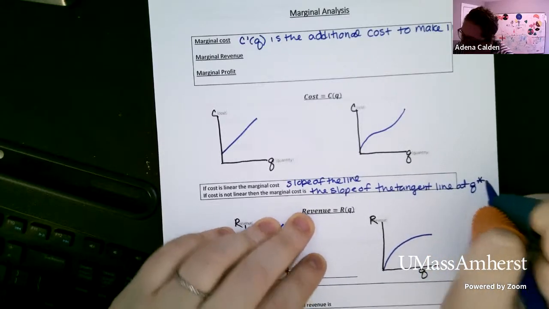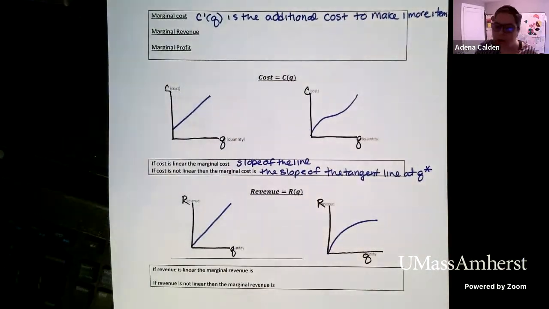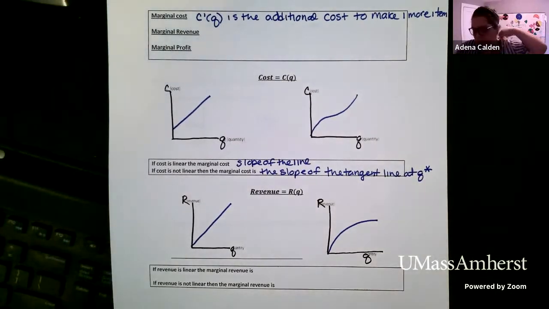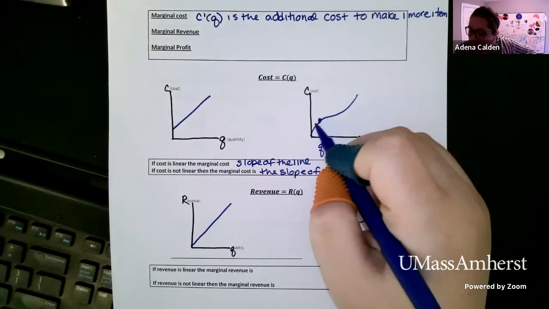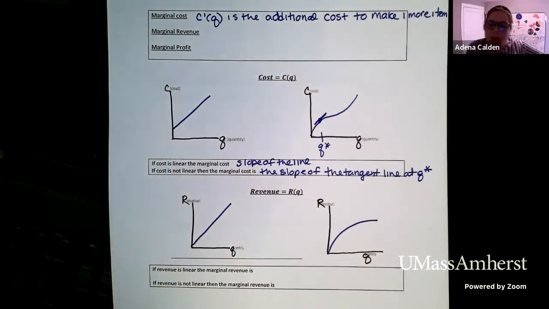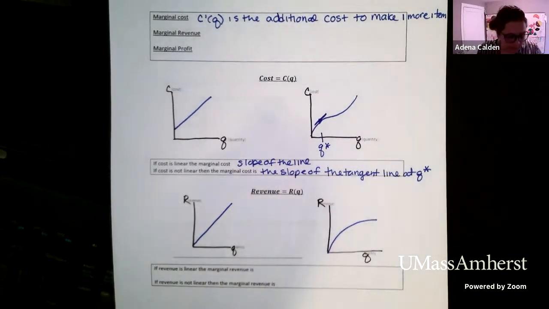And so Q star is just whatever quantity you're considering. So we know now that the slope of the tangent line will tell us the rate of change at any point. So if it's not linear, then we have to draw on this tangent line and approximate it. Okay, and that's what we've been doing with other functions that are not cost, right?